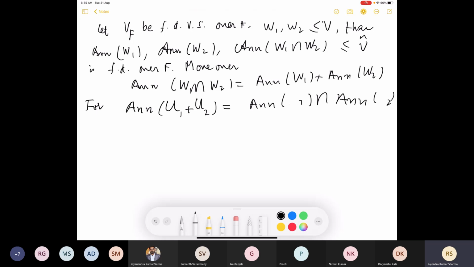For every U1, U2 subspaces here of V. This is for you, and using this we can prove this. Now, let us put this as say U.